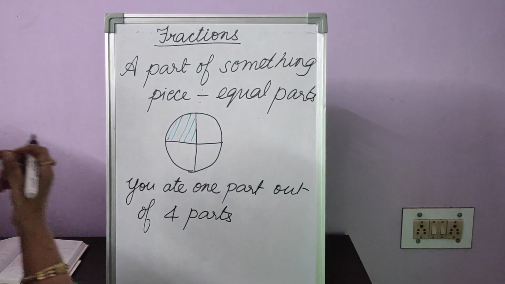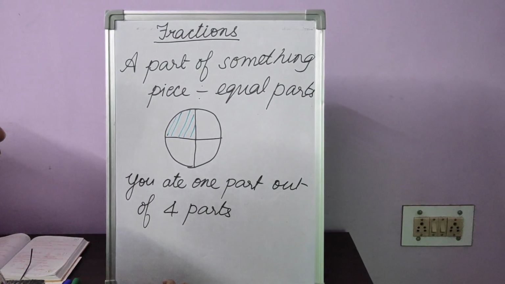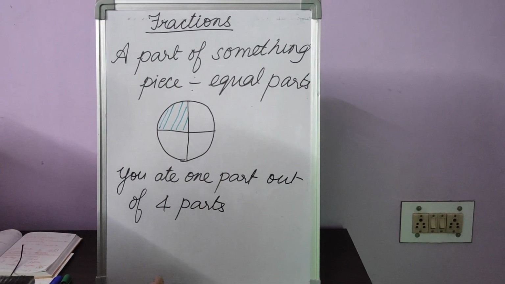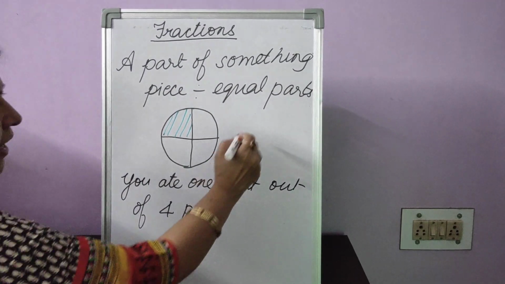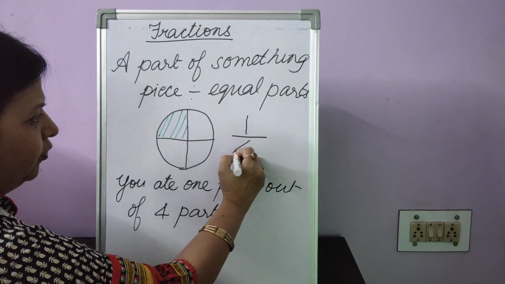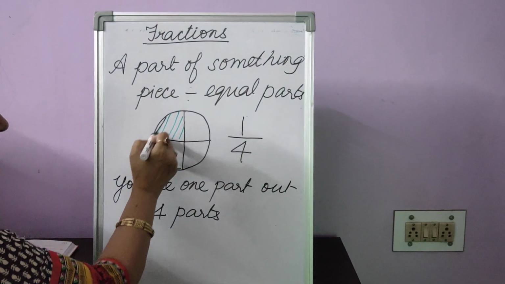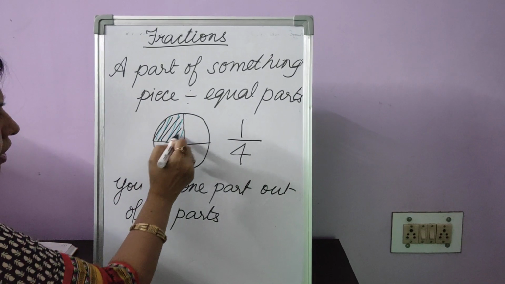This sentence, that you ate 1 part out of 4 parts, if we were to write it using numbers, using some symbols, we will write it as 1 upon 4. That is exactly the part that you have eaten.